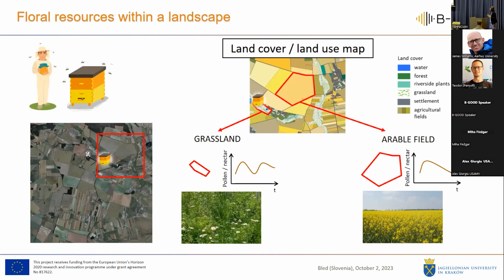In the grasslands, we have different species. The quality and quantity of resources is changing through the year, and possibly it is spanning the whole season. So very different, but somehow we would like to quantify both types of resources.